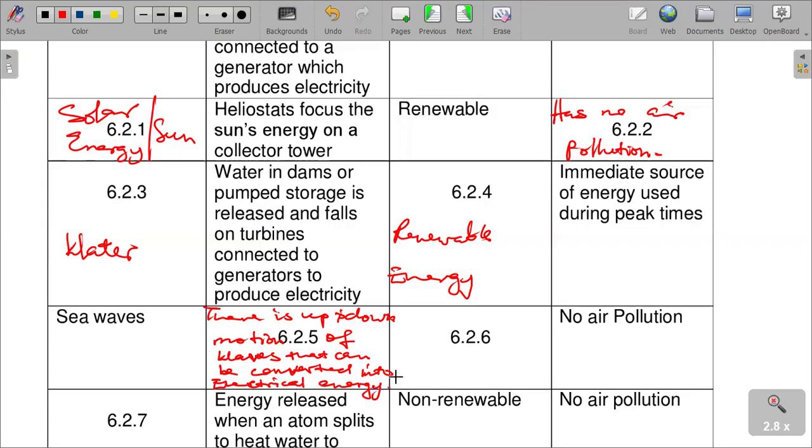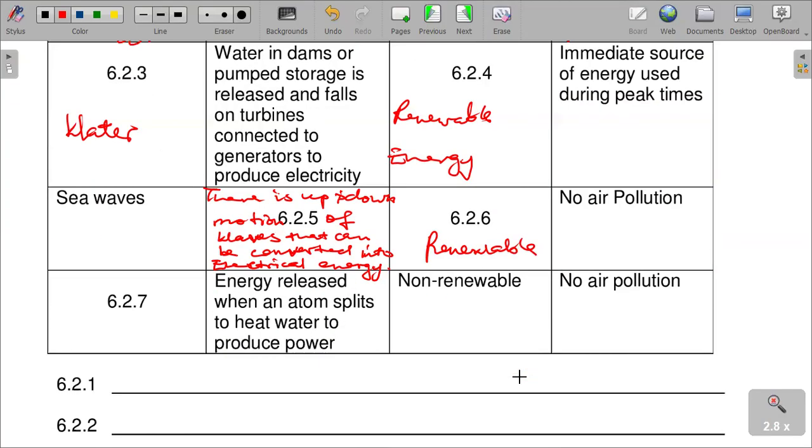So the description is that there is up and down motion of waves that can be converted into electrical energy. And then in terms of renewable or non-renewable, it is renewable. Obviously, there is no air pollution on that.